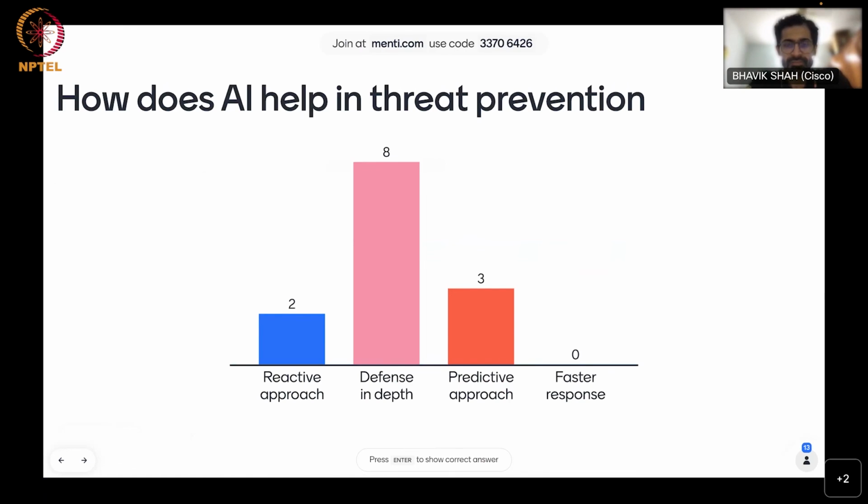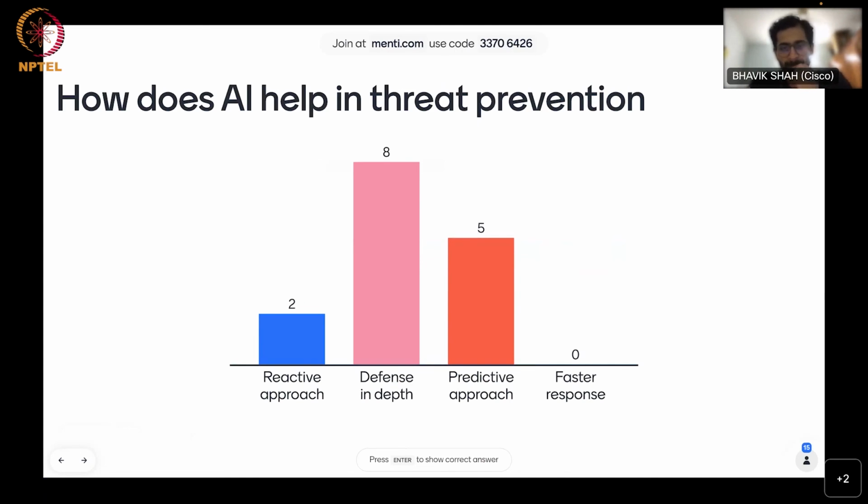Yeah, so most of them are saying defense in depth. Okay, someone is saying predictive. Okay, so I believe this was a bit of a tricky one.